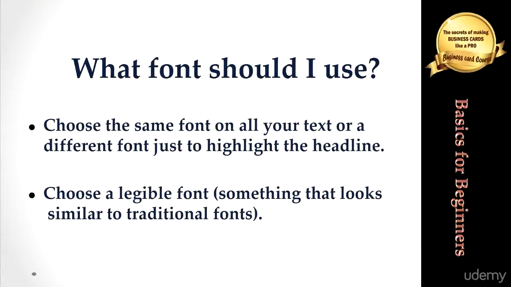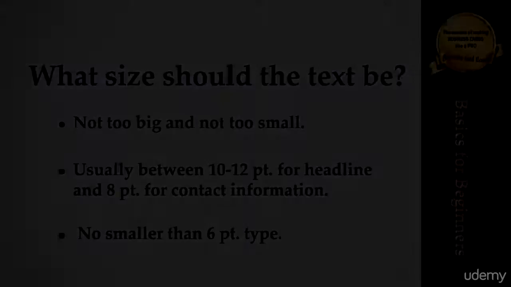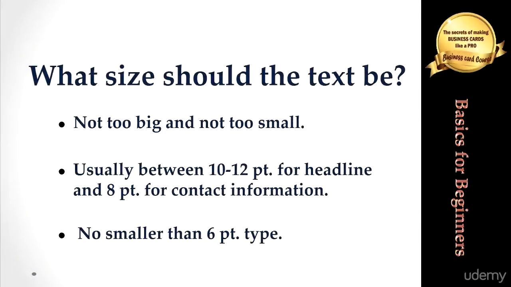What font should the text be? Choose the same font on all your text or a different font just for highlighting the headline. Choose a legible font, something that looks similar to traditional fonts. What size should the text be?